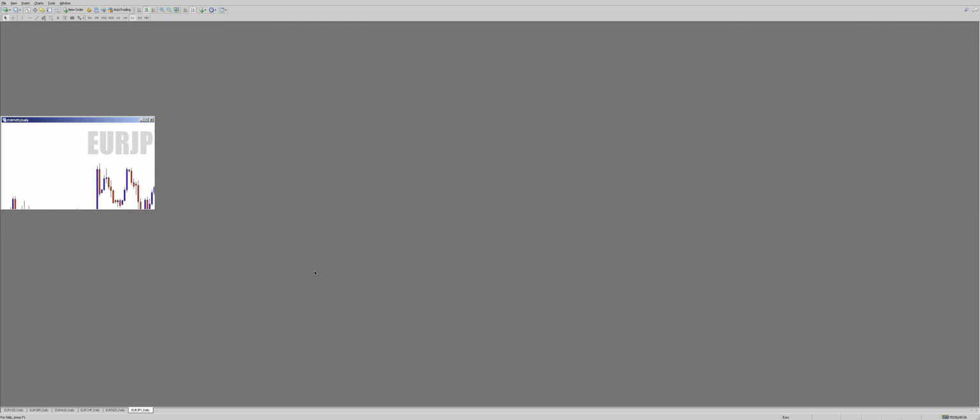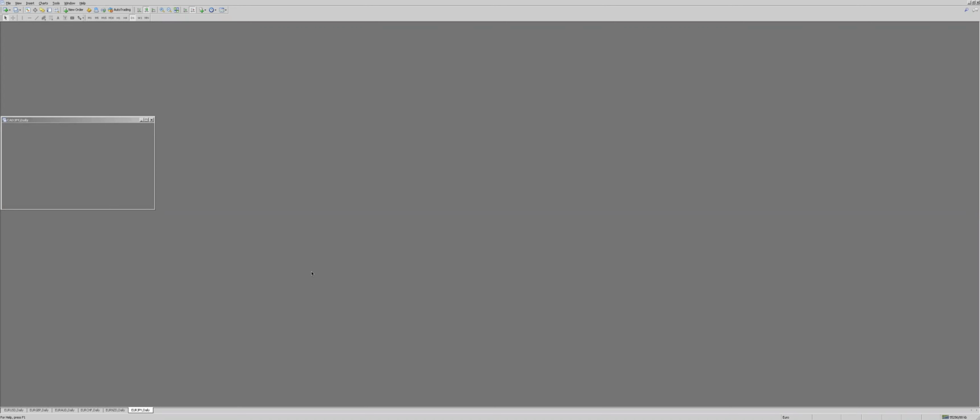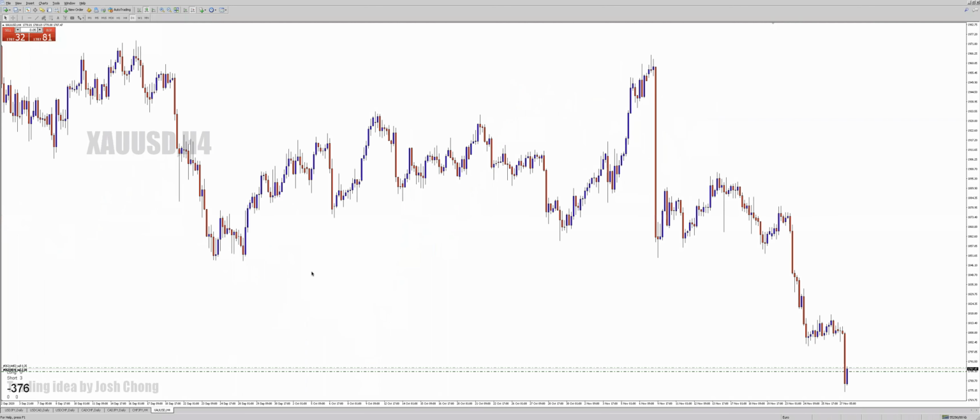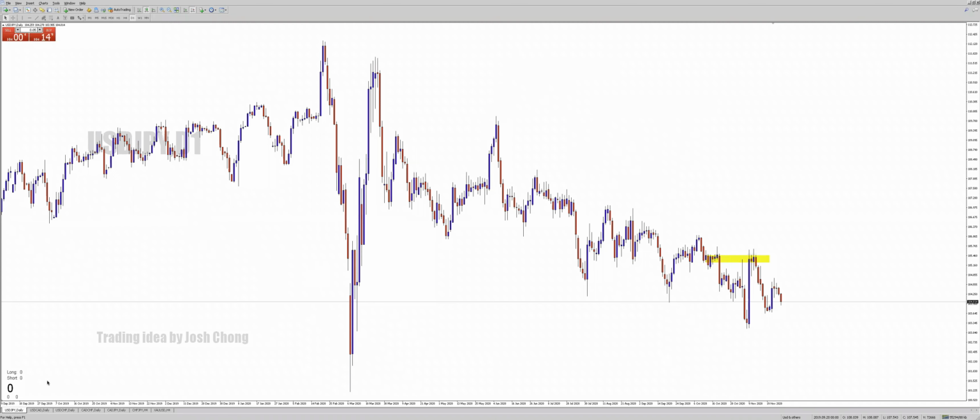Next will be the USD pairs. So USD, trend wise, yes, it's still a downtrend.